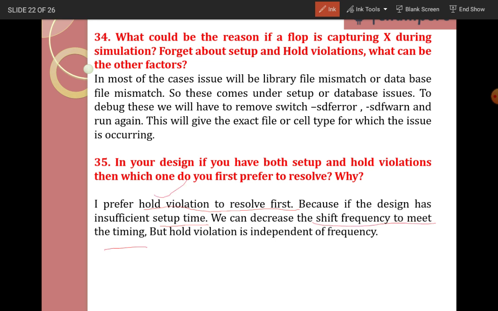So hold violations we will do first. Next we will take setup violations. Setup violations we can fix by reducing the shift frequency, but hold violations are independent of frequency. That's why we will solve hold violations first.